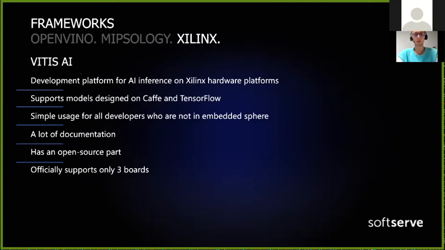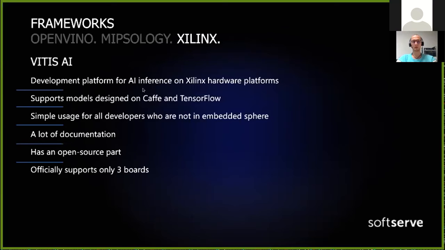Vitis AI is a platform that is known from 2019, and it is a development platform for AI inference on Xilinx hardware platforms, and also as far as we have Xilinx boards in the cloud, we can run it in the cloud and on the FPGA.